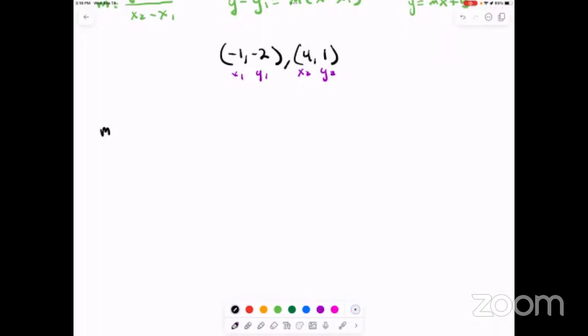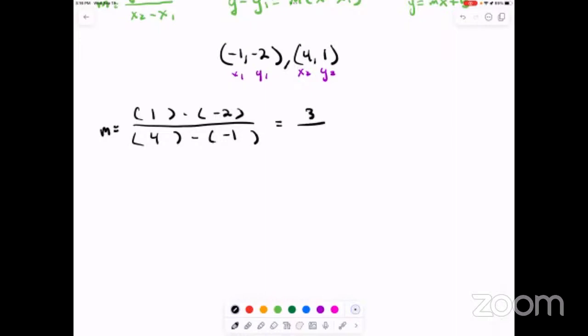Y2 minus y1 over x2 minus x1. Our y2 is 1, our y1 is -2, 4, and -1. Notice we have a double negative, so that becomes a 3 on top and a 5 on bottom.